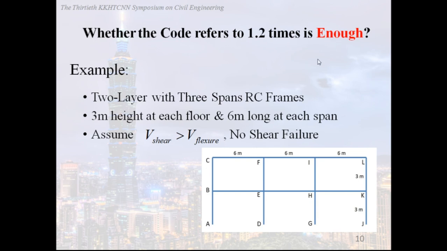So here is an example, and there are some structural descriptions. Among them, the most important thing is that we assume V shear larger than V flexure. That is, no shear failure.